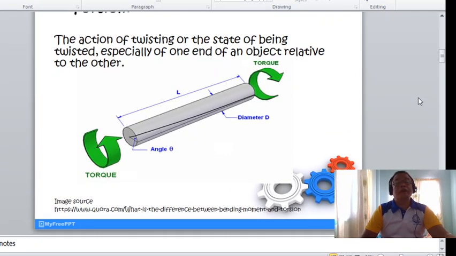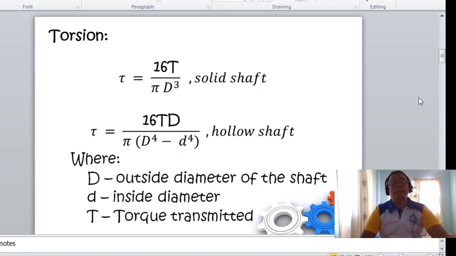The basic formula for torsion is of course tau equals 16T over pi d cubed.